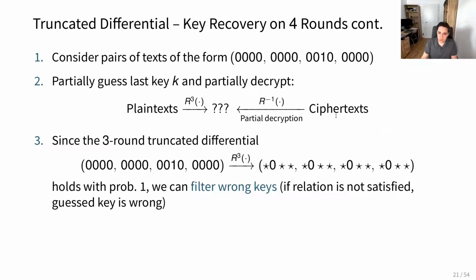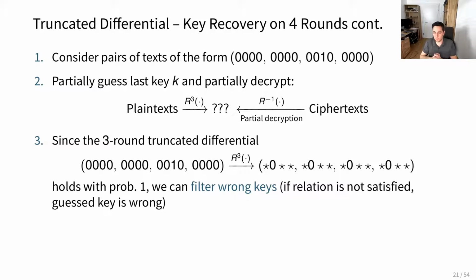Then we partially decrypt each of the ciphertexts we get with the key which we guessed. Here we know that this differential holds with probability 1. So if this doesn't hold with the guessed key, we know that the key is wrong. This is the idea of how to recover the key.